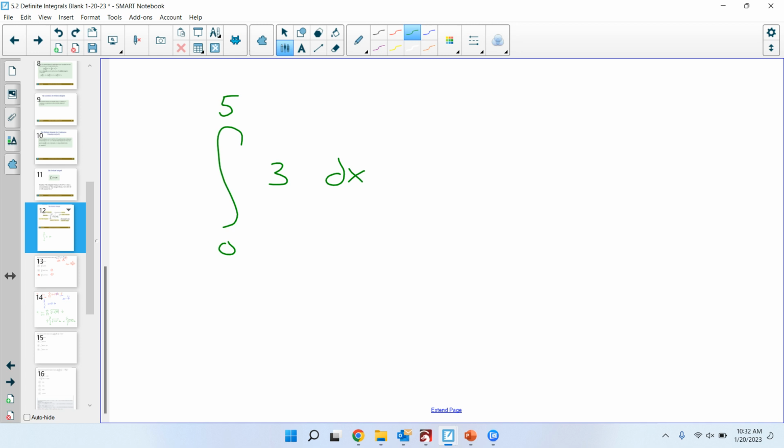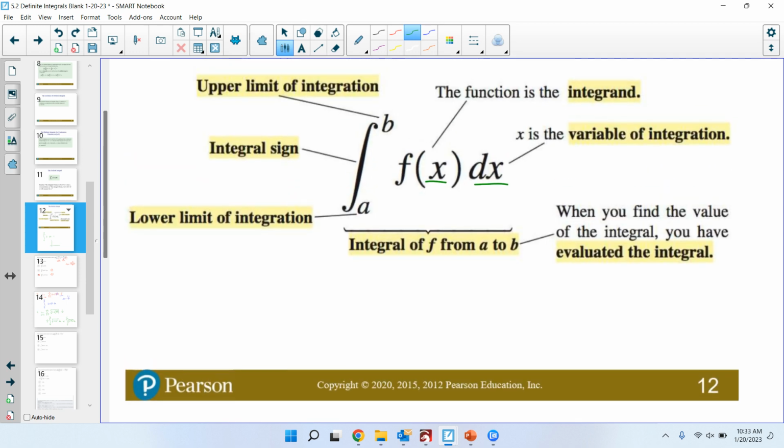Okay, so this is just a practice in understanding notation. This is like a translation problem. You know how sometimes in foreign language you have to translate a passage? This is math translation. You've got to understand what's actually happening here. You have a graph, and this notation tells us that f of x goes here.